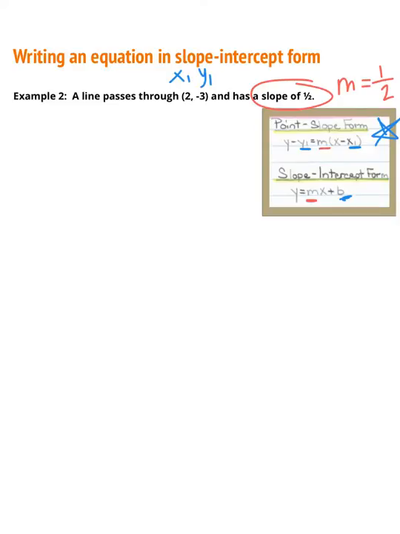So I'm going to start with y minus, and bring that y1 in, that's -3, equals, now I need my m value, 1/2, times the quantity x minus, and I'm going to make sure I get this x1 value of 2 in there. This is that point-slope formula, but remember they want my final answer in slope-intercept form.